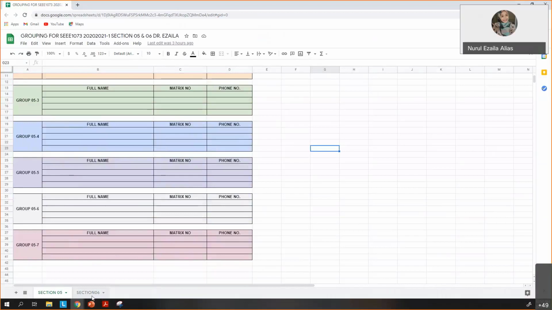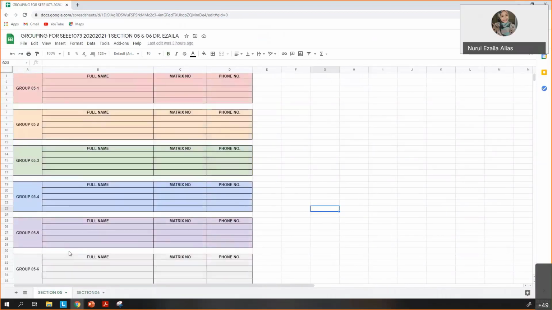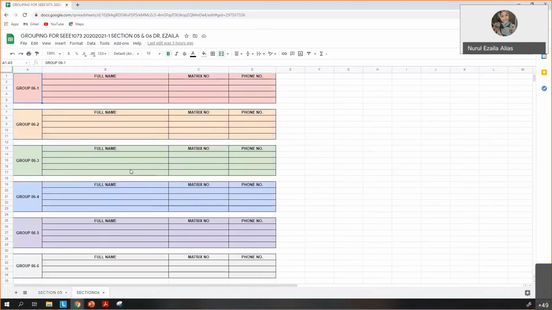For section 6, I have about 6 groups. Please fill in this. If you are section 5, fill in your name here, and section 6, fill in your name here. I will share the link later in the Telegram group. This is for your group assignment and also group activity.